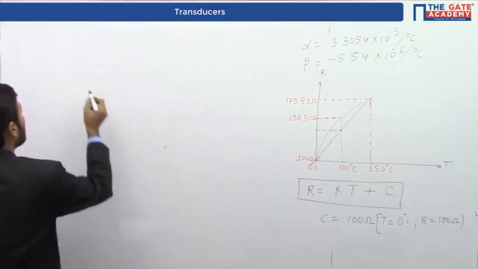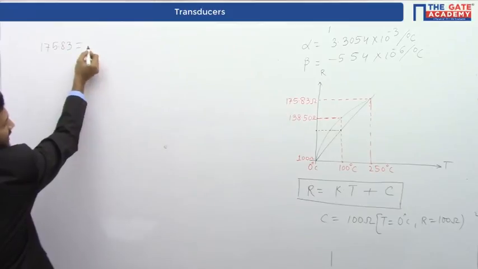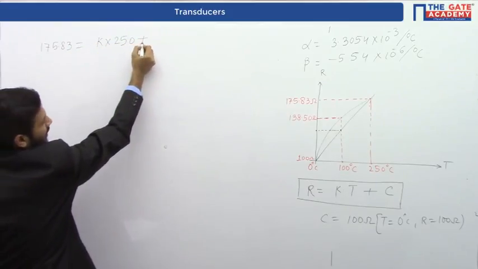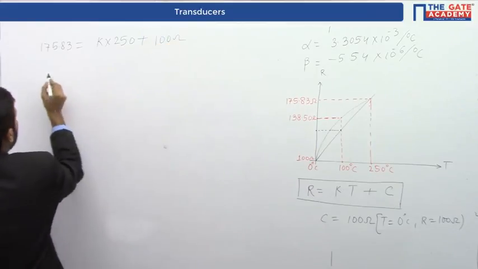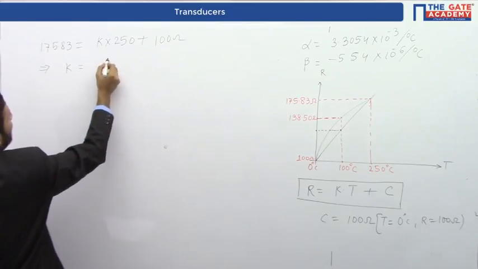It is given. So I am putting this value: 175.83 is equals to K into 250 plus C, which is nothing but 100 ohm.